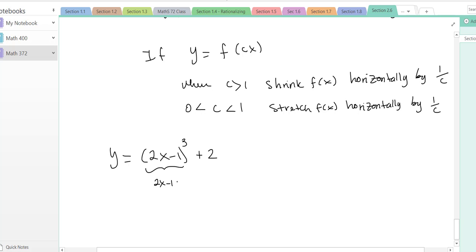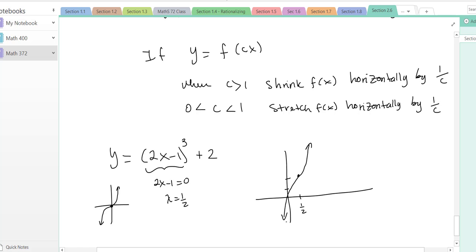So 2x minus 1 is equal to 0 when x is equal to 1/2. So that's where my John Travolta squiggly part, which is at 0, 0, is going to move to: x is positive 1/2. And there's a vertical shift of 2, up 2. So this is going to move to (1/2, 2). That's where the squiggly is going to move to.